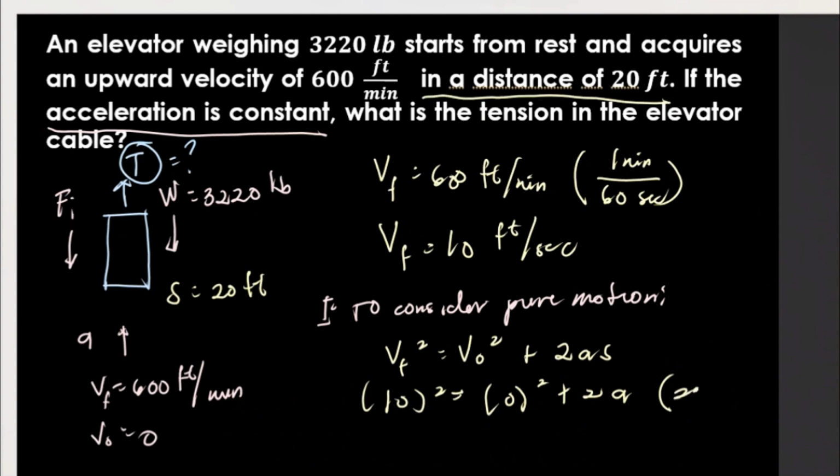So times 20. We will have an acceleration in feet per second squared. The answer is 2.5 feet per second squared. That is our acceleration.